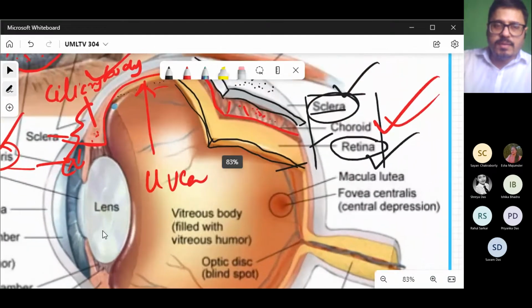You know that there is a medical prefix even for this lens. Any idea? What is the prefix for this lens? Can anybody say that? What could be the prefix for this lens?